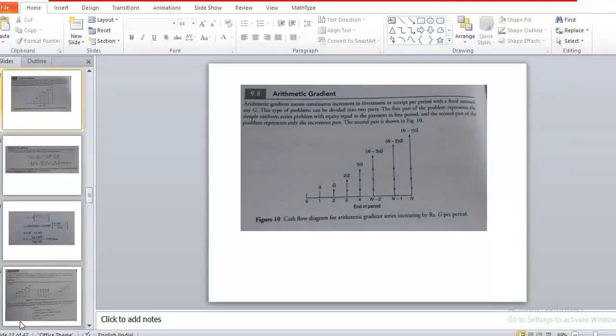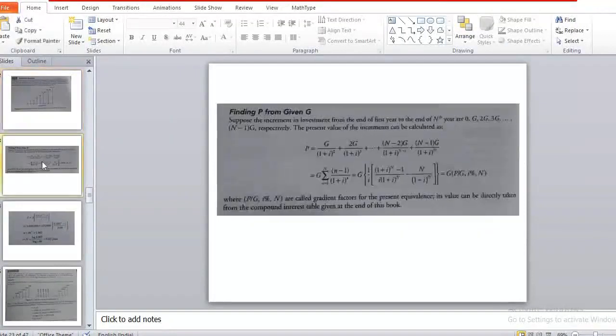Sometimes, as discussed previously, the arithmetic gradient is found like this. In this curly bracket, whatever factor is there is related to the arithmetic gradient factor.